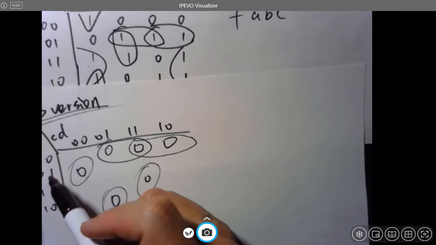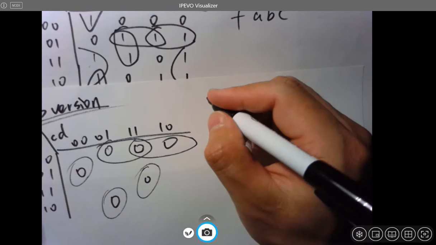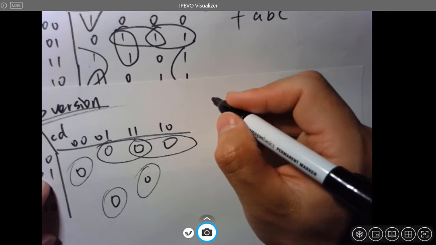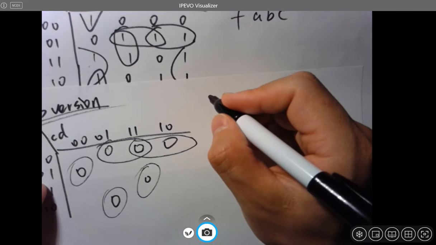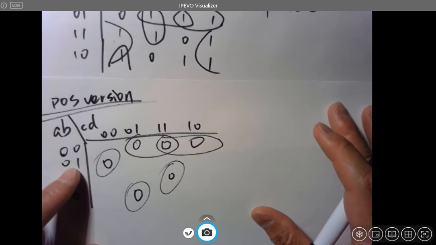Now let's take a look. Why are there 4 input OR gates? Let's see. The first one: when you see a 0, you want to keep A there. It's opposite to the SOP, right?